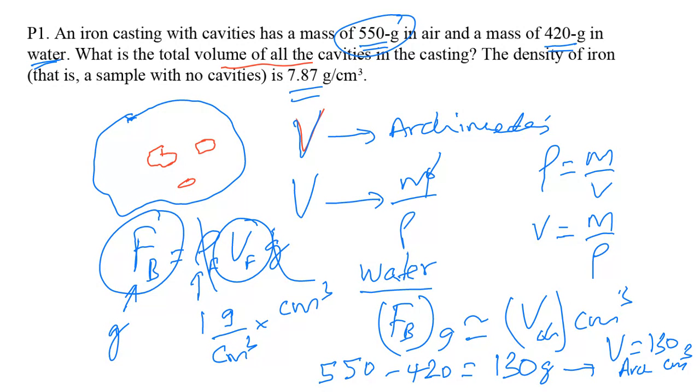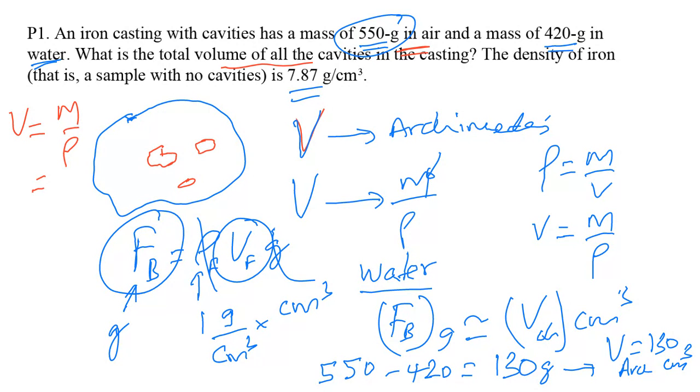Next, I'm going to find the volume of just the metal part. To do that, let me use a different color. As I told you earlier, volume is mass over density. The mass, of course, we always have to use the mass in air when we do these density problems.